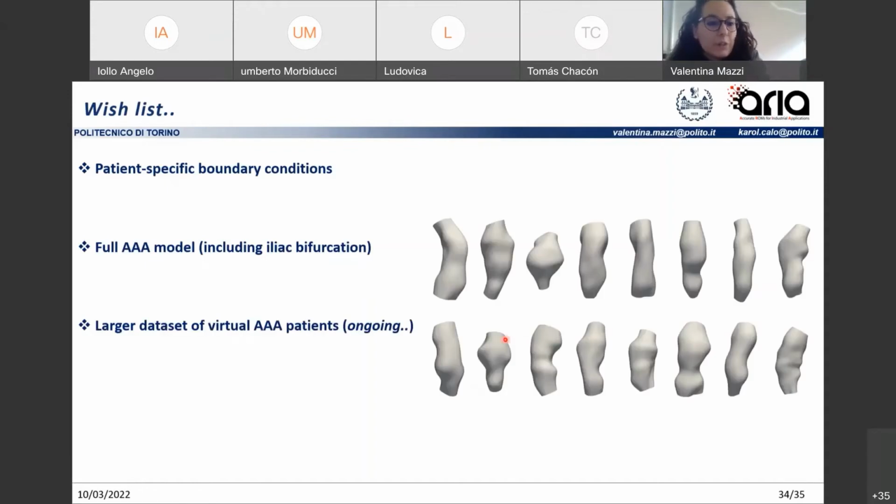And as an ongoing step, we are starting to apply the presented approach on a much larger data set of virtual abdominal aortic aneurysm patients, which are the ones generated by Ludovica, that she showed us in her presentation, which are, as we have seen, characterized by different geometric features.